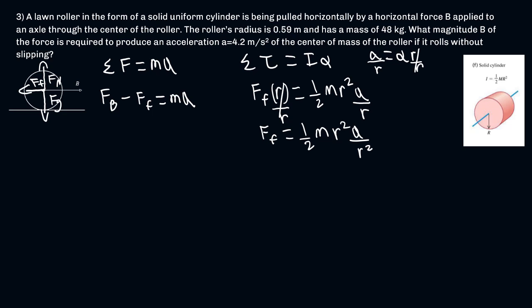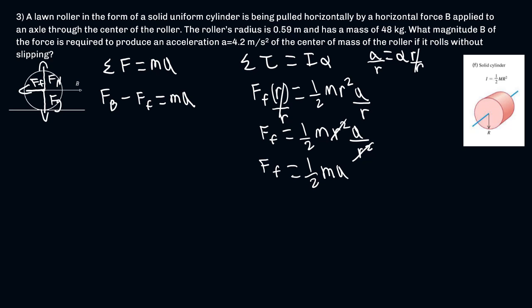Alright, so that can actually help us to now cancel out the radius, or the distance from the axis of rotation, my bad. So now this r can be canceled out because we have the same amount of them, and I'm going to be left with my force of friction is equal to 1/2 ma.